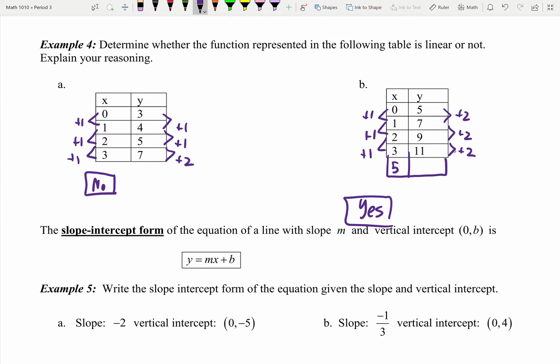And then this was 15. So this would be up 2. And this guy would be up 4. So if this is double those, and if this is double those, it's still linear. Do you guys understand that? Do I think they're going to do that to you? Probably not. But you just have to be ready, okay, in case.